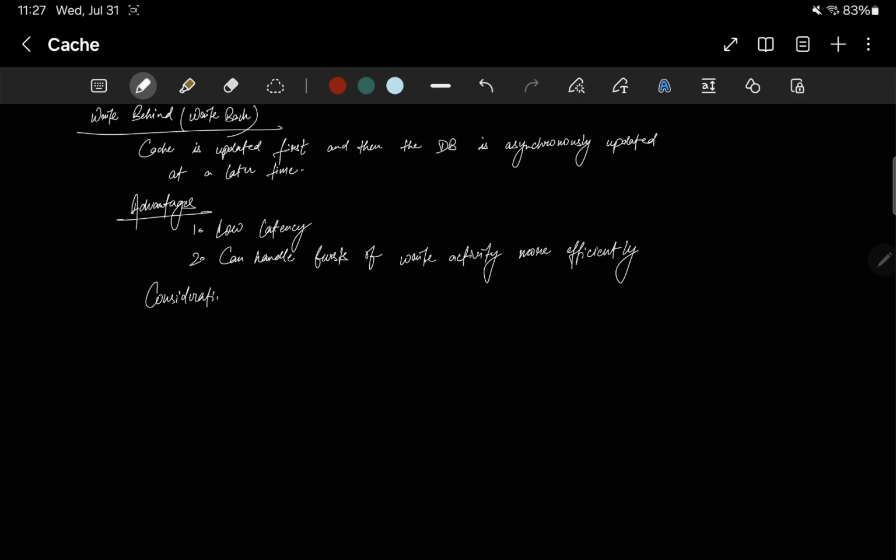So if we talk about considerations, there is a risk of data loss. Increased risk of data loss in the event of system failure before database updates. It is possible that the write is in cache and there is a failure and write has not propagated to the database. So all the updates will be lost.